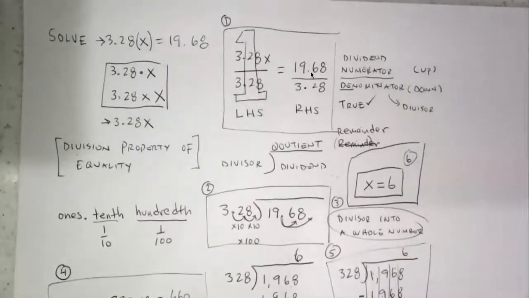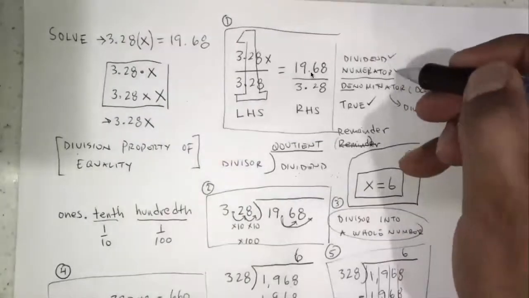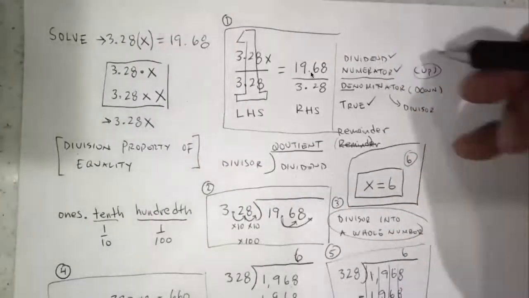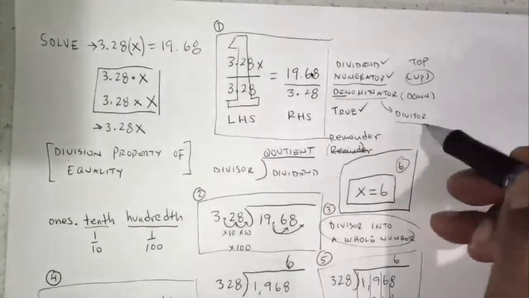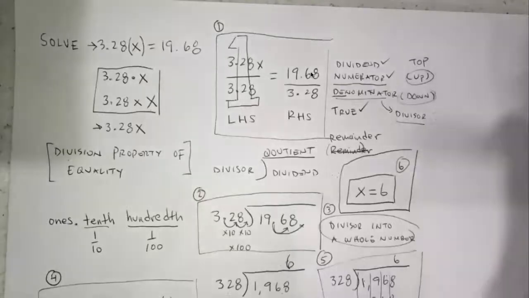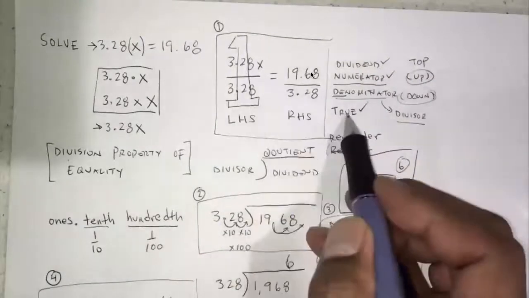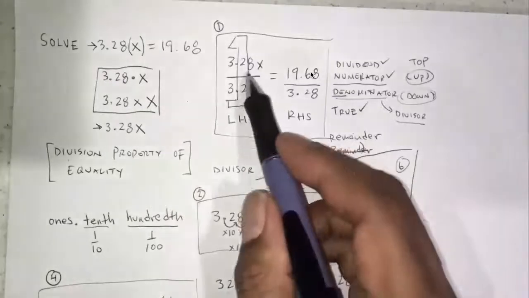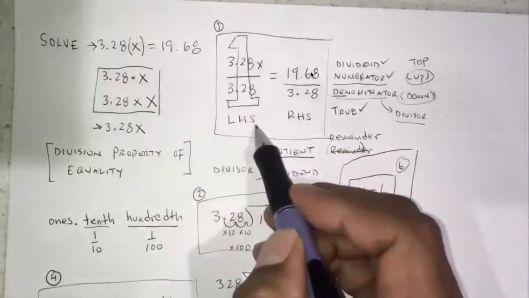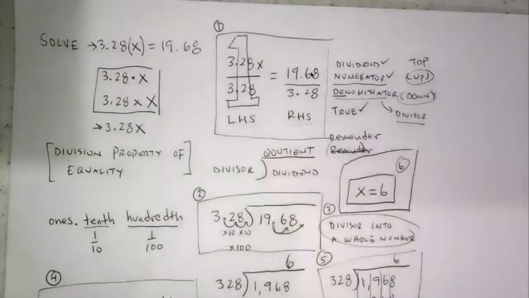I showed you all the steps because I wanted to introduce the vocabulary words: dividend, numerator, another word for up, or the top of the fraction; denominator, the divisor, down, the bottom part of the fraction. Remember that all of this that we've been doing is to keep the equation true, balanced. The answer of 6 keeps the left side of the equation equal to the right side of the equation.